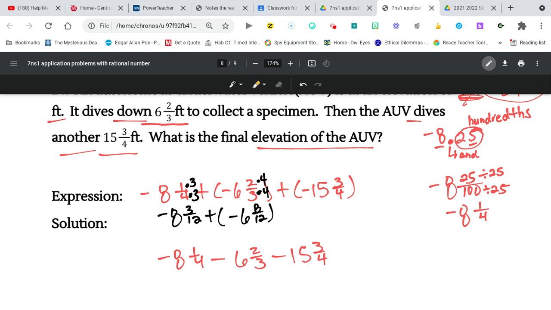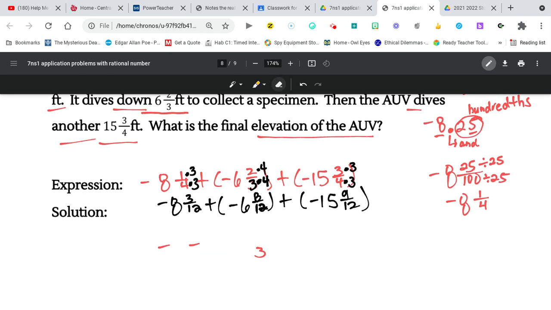The reason I'm multiplying by 4 is because 3 times 4 gives me my common denominator of 12. So you multiply the whole fraction, numerator and denominator, by 4. Here I'm going to multiply these by 3. 4 times 3 is 12, so I'm going to say 3 times 3. So it's going to be plus negative 15 and 9/12, guys.